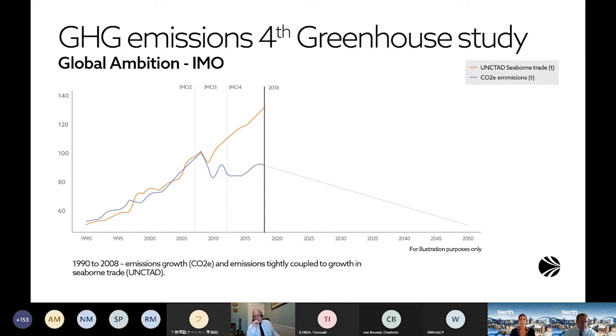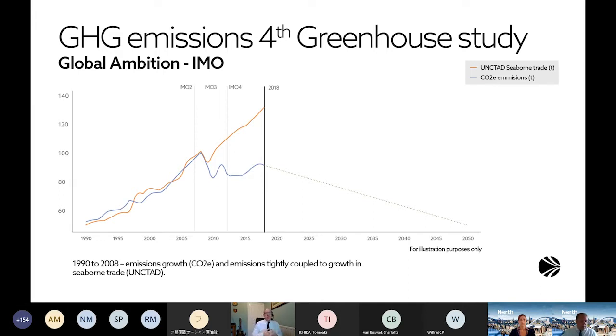So the target is to reduce by 50% compared to 2008 levels, which equates to around here on the graph, and the aim is to reach this by 2050. This is quite a steady decline, and it's not too dissimilar to the increase we've shown on the left-hand side of this graph. So you can see it's not really that big a target. It's not really that stringent a decrease.